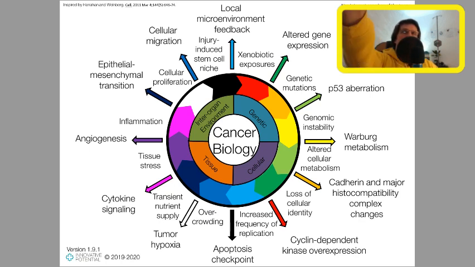There are biochemical pathways between each of the colors. So between the xenobiotic exposures in red and the cyclin-dependent kinase overexpression, also in red, that is cyclin E-dependent nicotine expression.